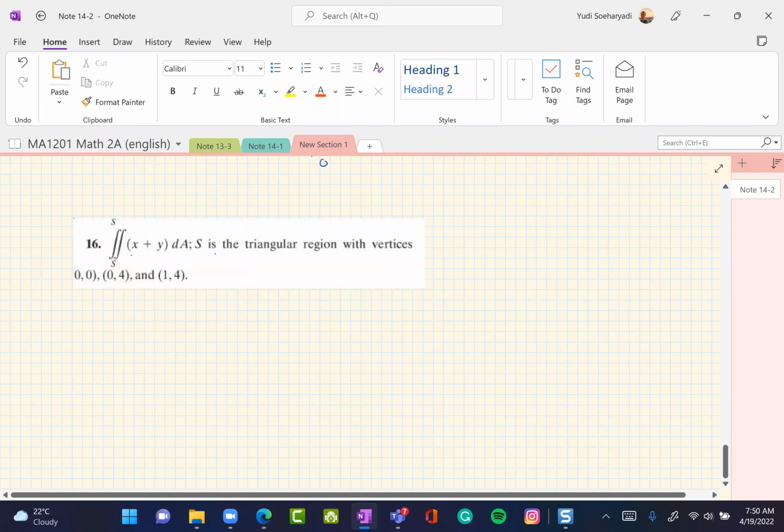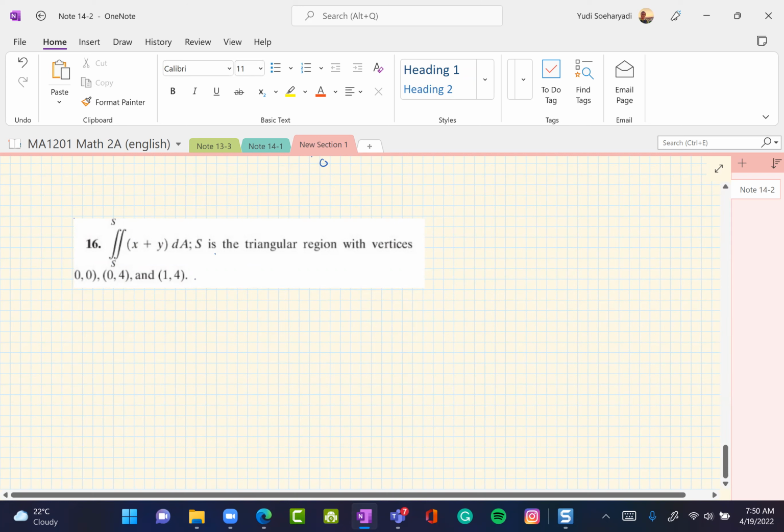The integral is easy because it's just x plus y, so you can integrate with respect to x or with respect to y. It doesn't make any difference. The thing is about the bounds.